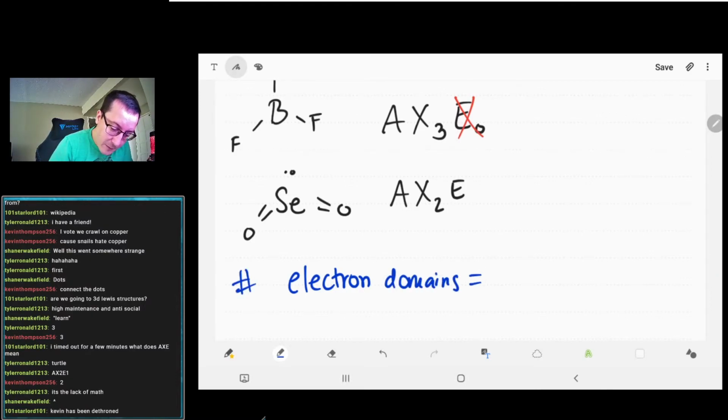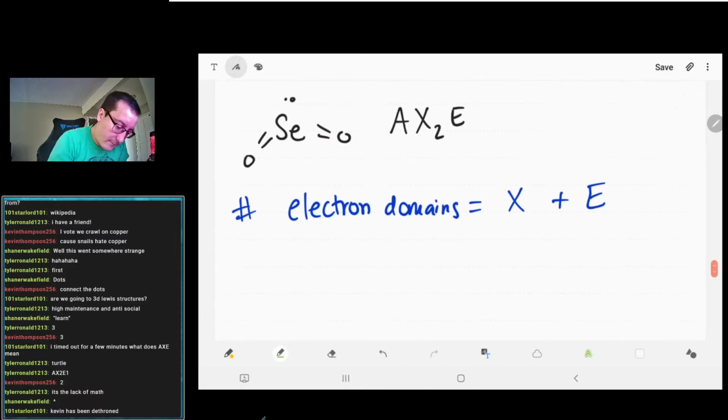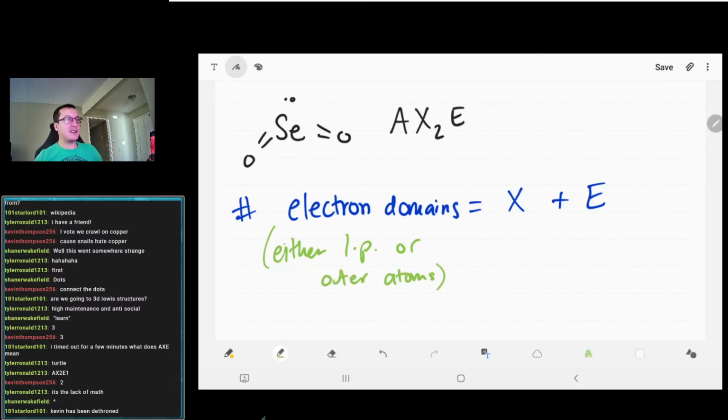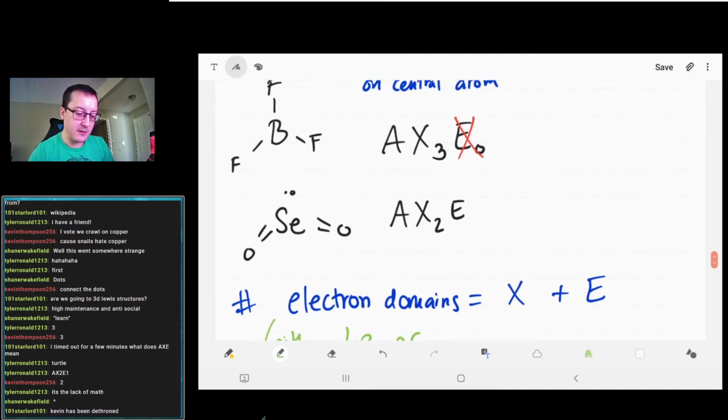All right, here we go. Equation. Yeah, Kevin has been dethroned. So, the number of electron domains, which can be either lone pairs or outer atoms, is just equal to X plus E. So if you think about it, what is 3 plus 0?